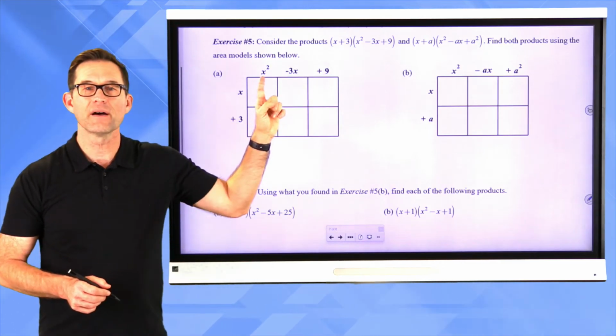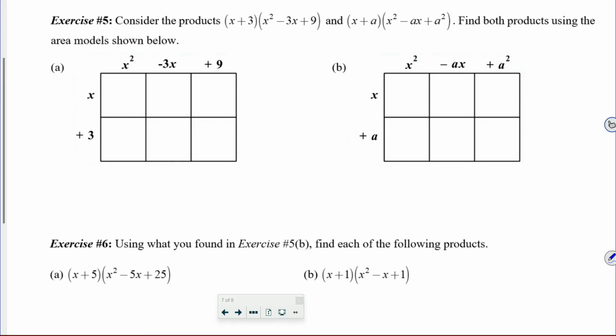Well, I've got x times x squared, which gives me x cubed, x times negative 3x, which is negative 3x squared, x times positive 9x, 3 times x squared, which is 3x squared, 3 times negative 3x, negative 9x, and 3 times positive 9, positive 27.